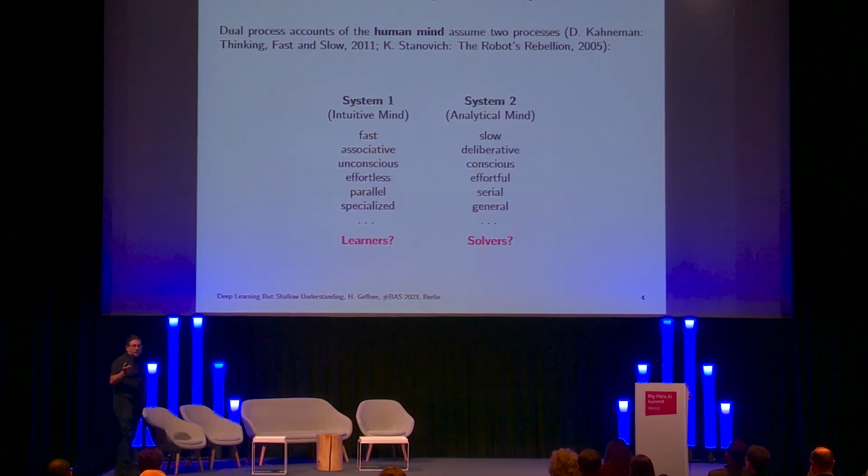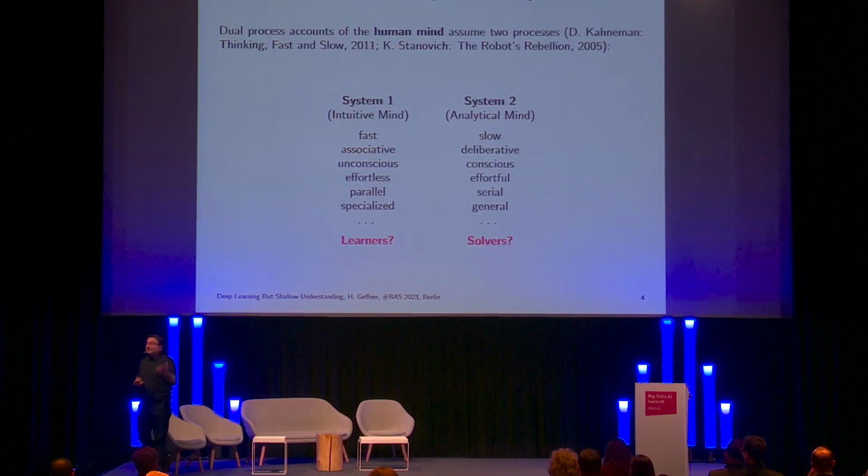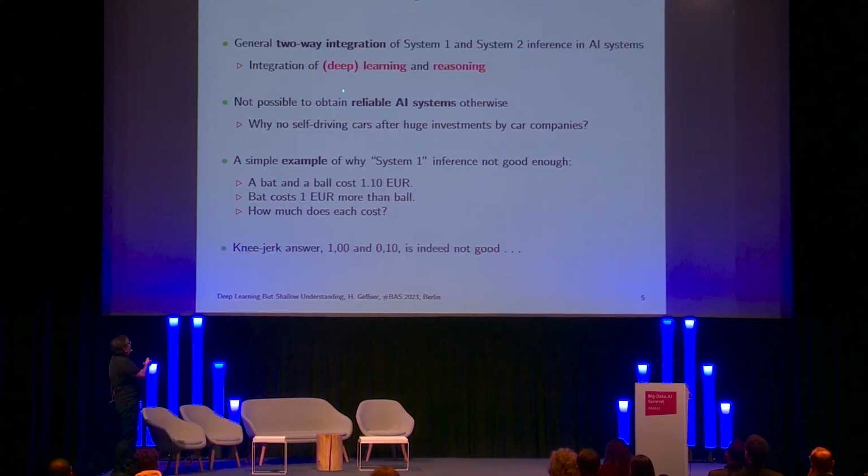If you like The Selfish Gene by Richard Dawkins and the book by Daniel Kahneman, you should take a look at his book from 2005, The Robot's Rebellion. Basically he's saying that the tool for liberation from the program of our masters in our genes is System 2. It's an interesting take on these problems.